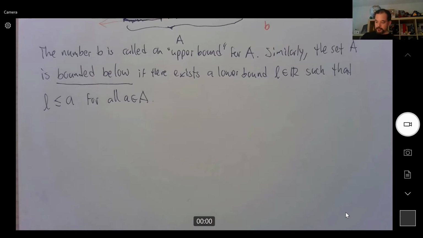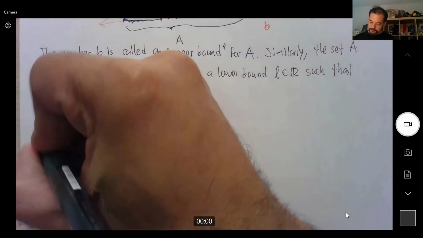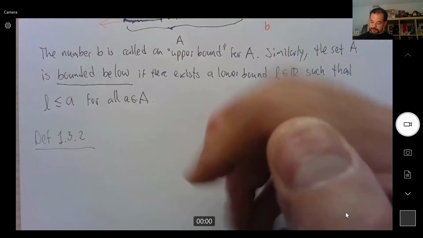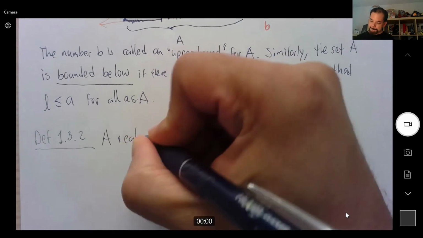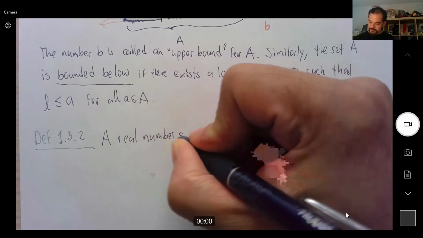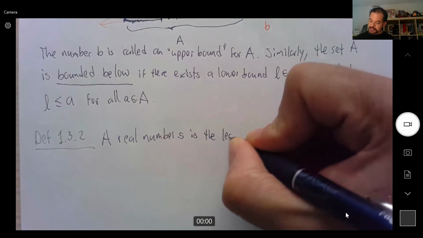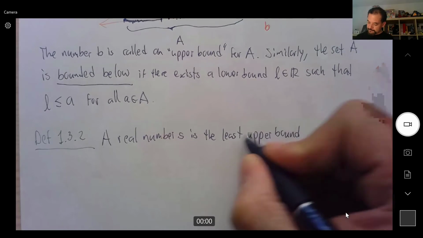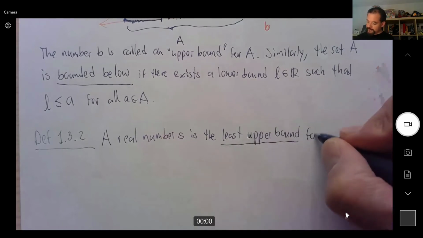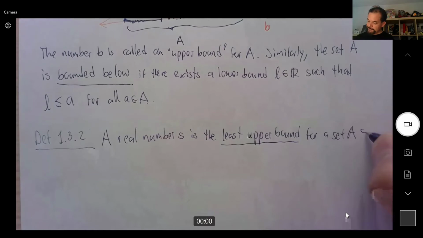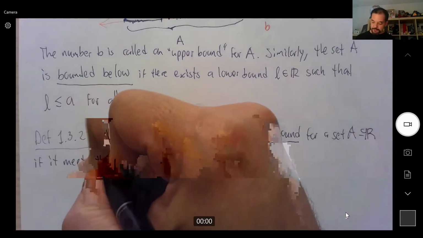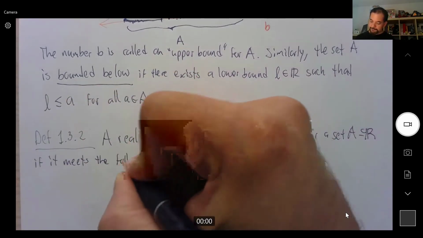So here's our next definition, 1.3.2 in the book. And it says the following. It says a real number S is the least upper bound for a set A, subset of the real numbers, if it meets the following criteria.